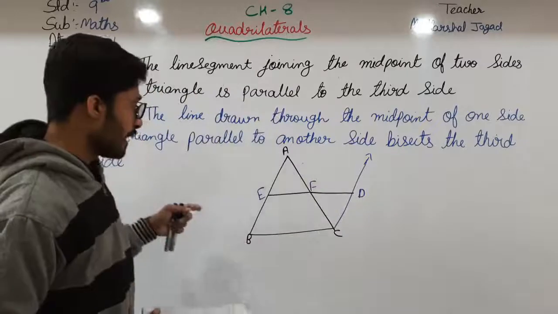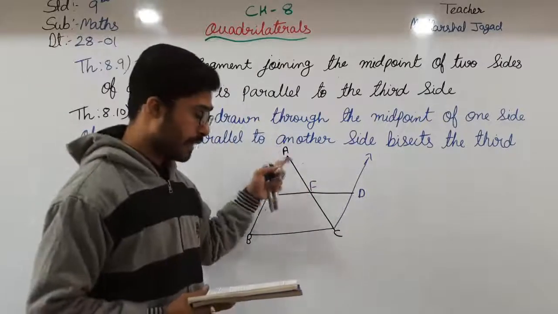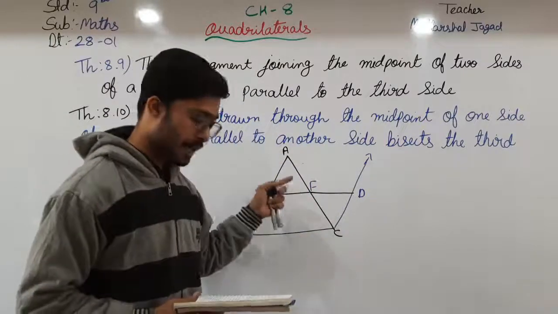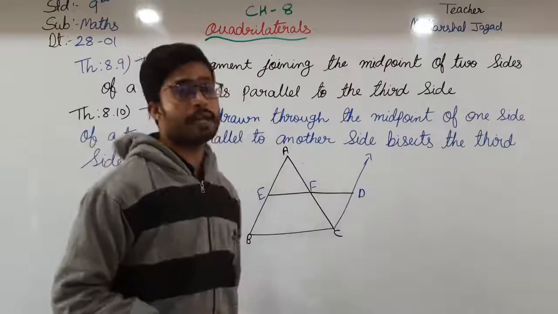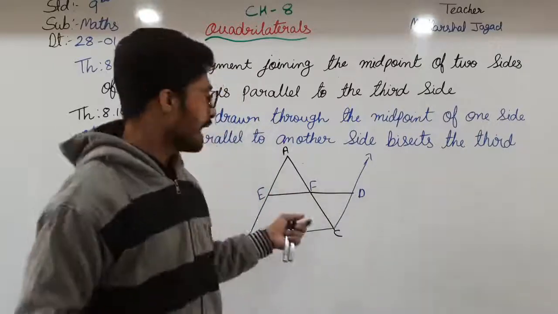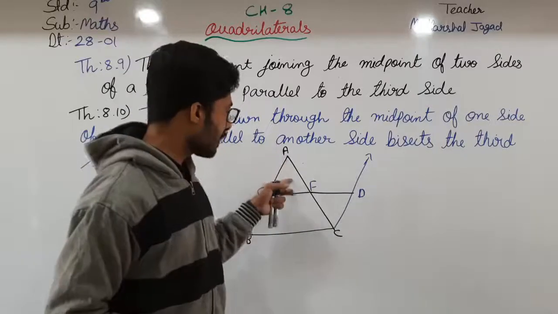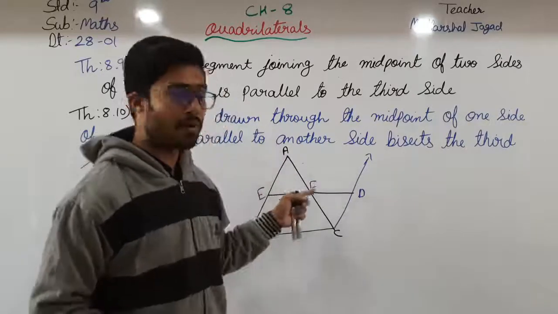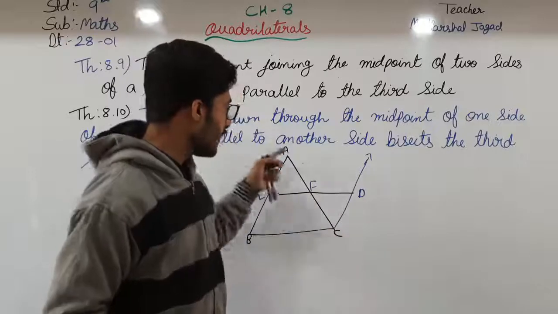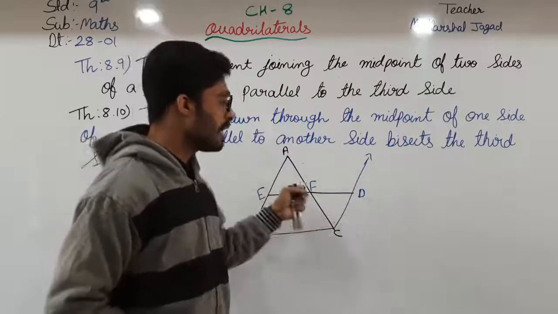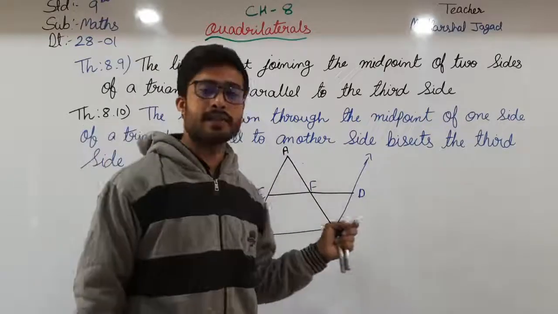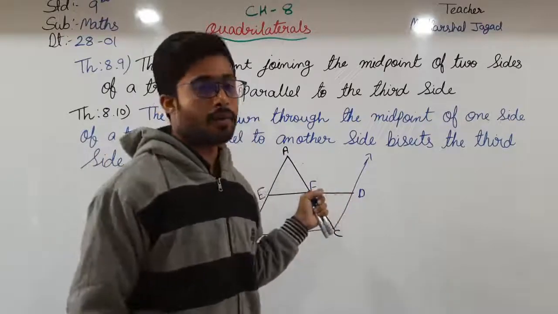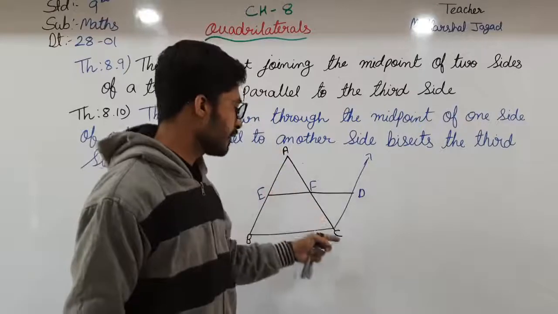That we can prove. Why? Because AEF is congruent to CDF. So according to the congruence rule, we can prove that AF is equal to CF.